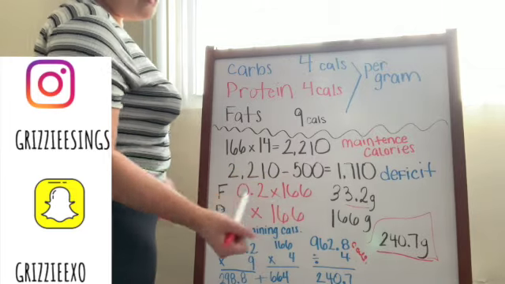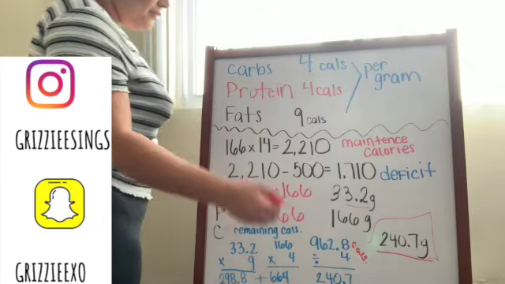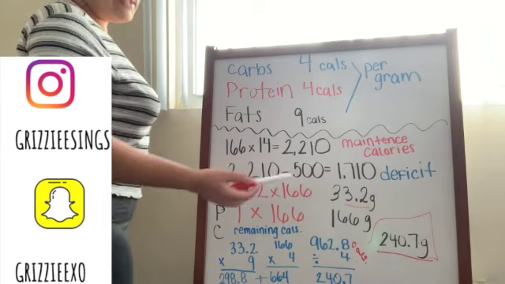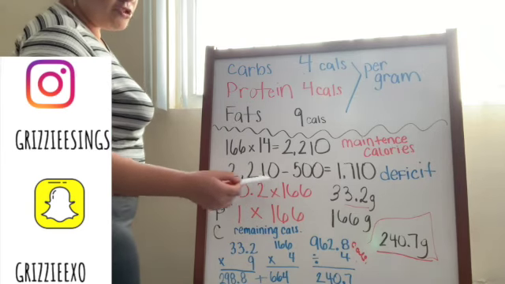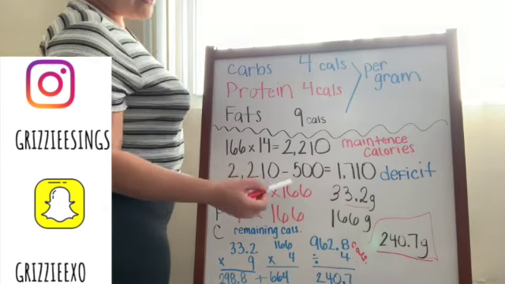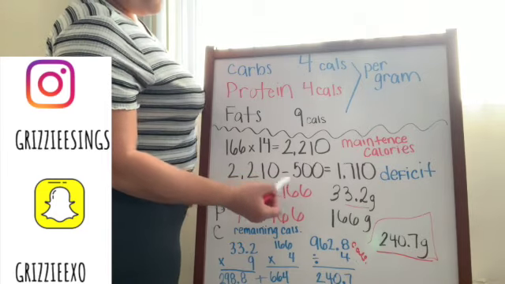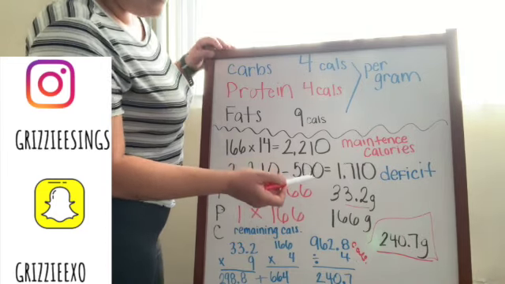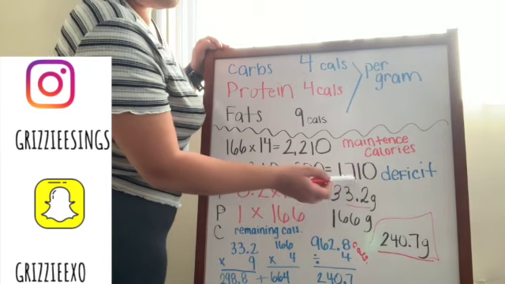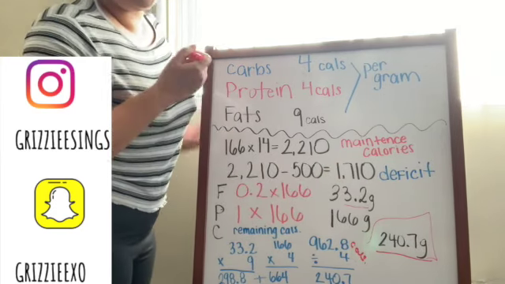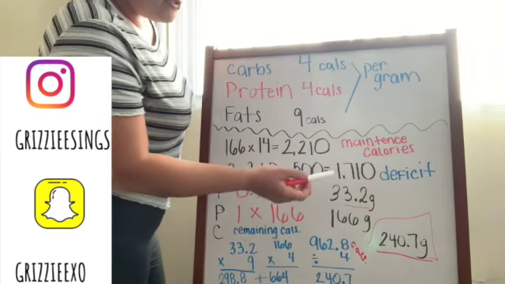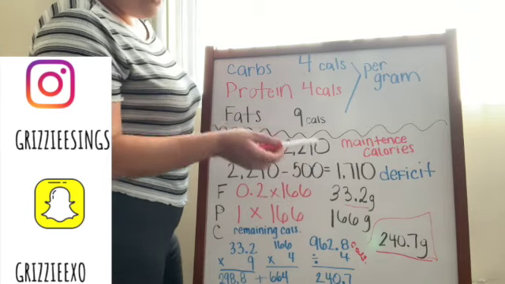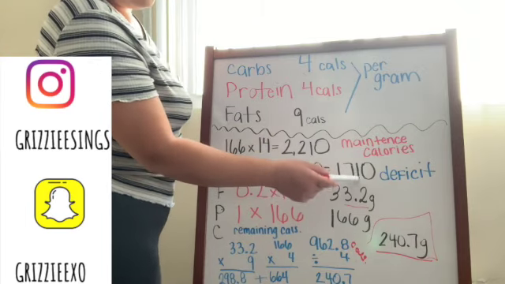You can use 300, 400, 500. So you take your maintenance calories, 2,210, and subtract 500 from that. The number I have is 1,710 calories for me to be in a caloric deficit. So my magic number is 1,710 calories.